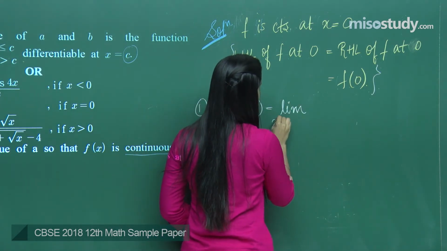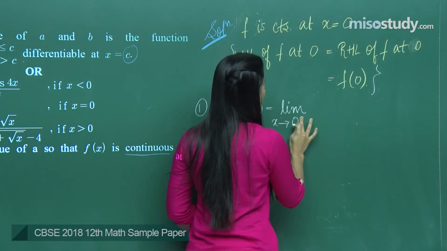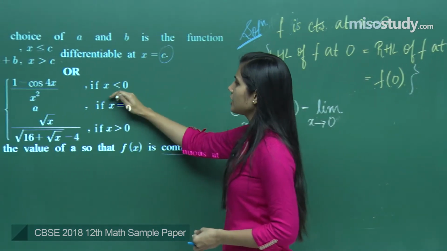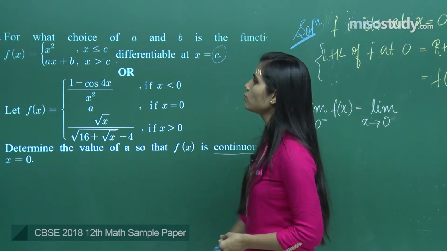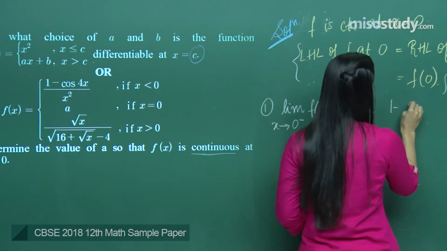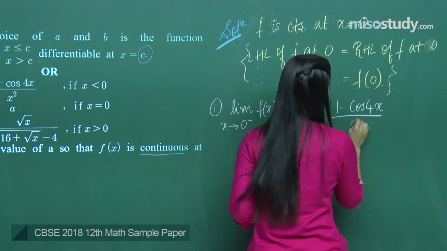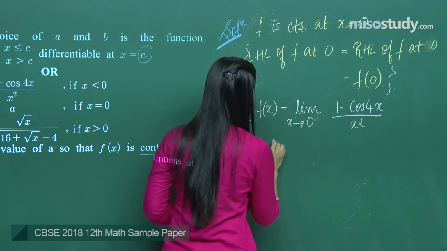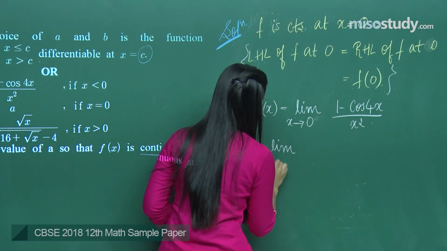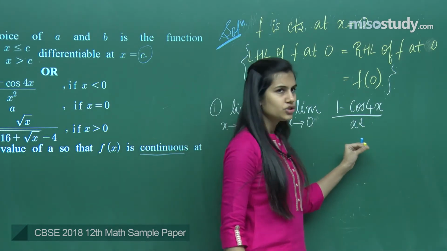So limit x tends to 0 from the negative, what is f of x? If x tends to 0 from the negative, f of x is 1 minus cos 4x upon x square. This means this is the limit x tends to 0 of this function.